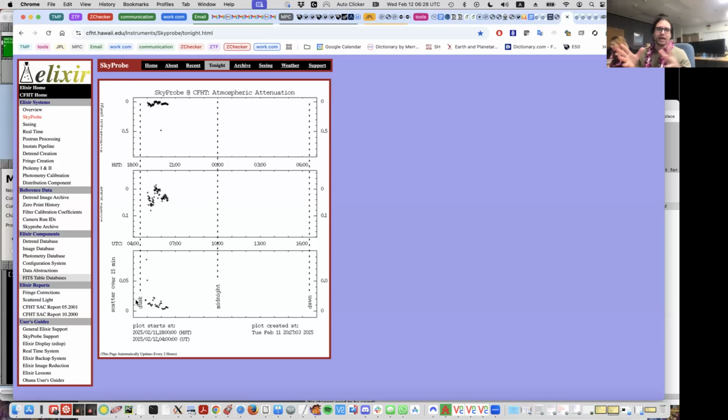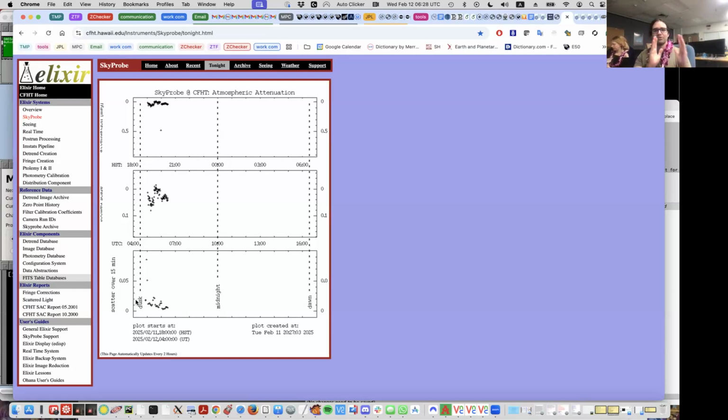If you're doing in-field calibration, you don't have to worry about that as much. If you have a wide field camera, MOSFIRE normally has a 6 arc-minute wide field, you're going to get lots of background stars. You can do calibration with the in-field stars, and you don't have to worry about it, because the atmospheric attenuation is taken into account with every exposure.